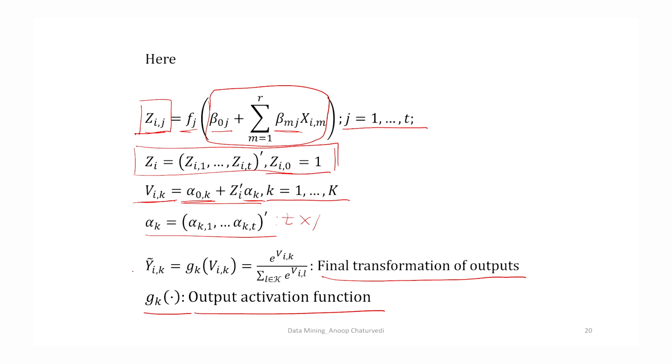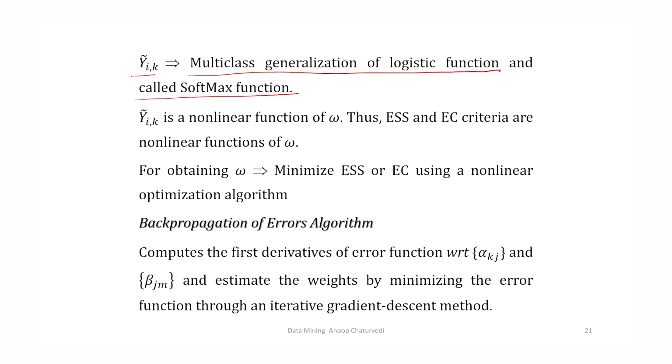Further, y_ik curl is a non-linear function of omega. So, if you want to minimize a criterion like ESS or E_c, then these criteria are also non-linear functions of omega.